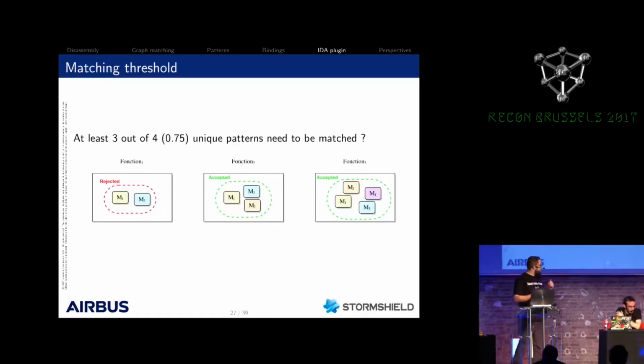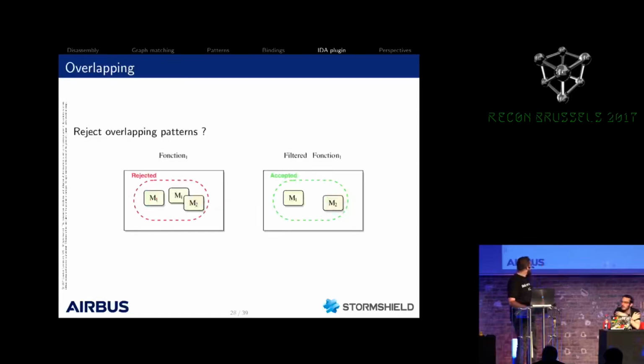So the function is also, for example, the decryption function, but we missed some patterns. So we create a threshold. Here we have a threshold of 0.75. That means that at least we want 3 out of 4 patterns. So in the middle, it's accepted too. But at the left, we just have 2 out of 4, so we reject this function.